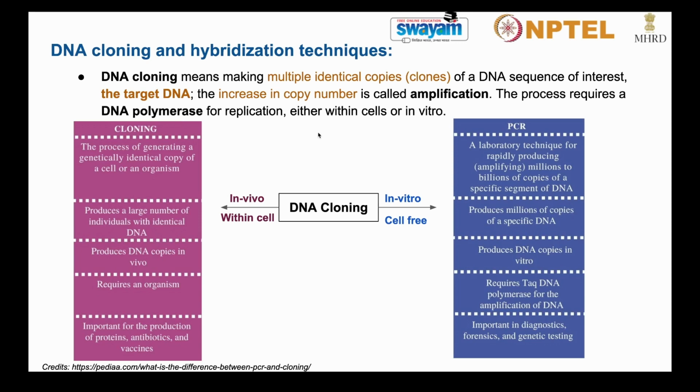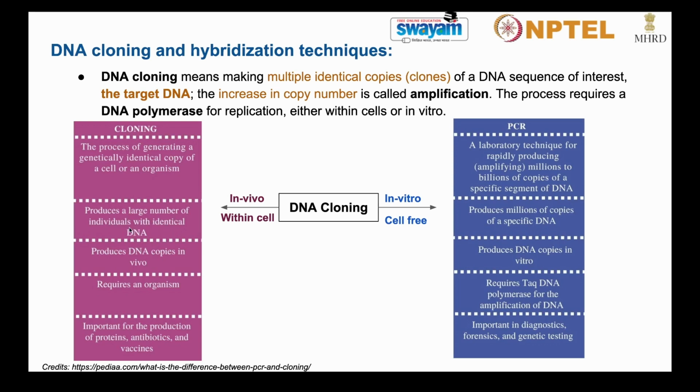And this cloning can be performed either inside the cells, known as the in vivo method, or in the lab, the in vitro method, such as PCR. When we perform it within the cell or by in vivo methods, the process of generating a genetically identical copy of a cell or an organism is known as cloning. It produces a large number of individuals with identical DNA.